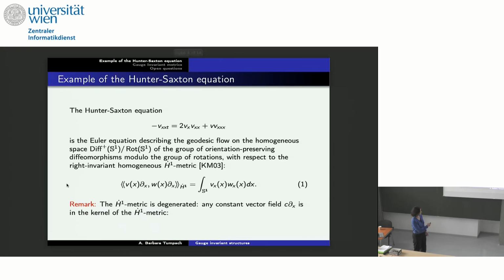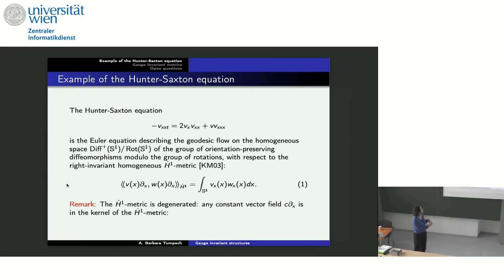Okay, so let's go back to the Hunter-Saxton equation, which is the following. You have seen it yesterday. And Klaas told us that this is an equation describing geodesic flow on the homogeneous space given by the diffeomorphisms of S1, which are preserving the orientation, modulo the rotations of S1.